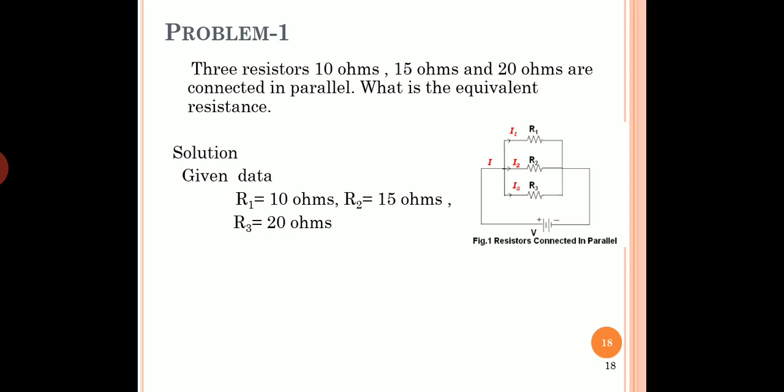Coming to the calculation of the equivalent resistance, 1 by R is equal to 1 by R1 plus 1 by R2 plus 1 by R3. Substituting the values, it is 1 by 10 plus 1 by 15 plus 1 by 20 ohms.